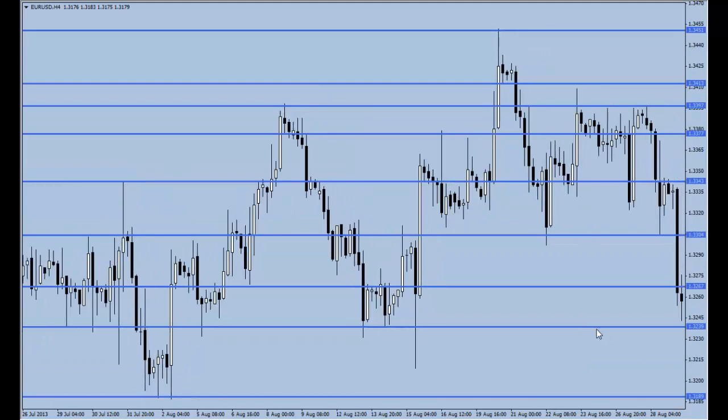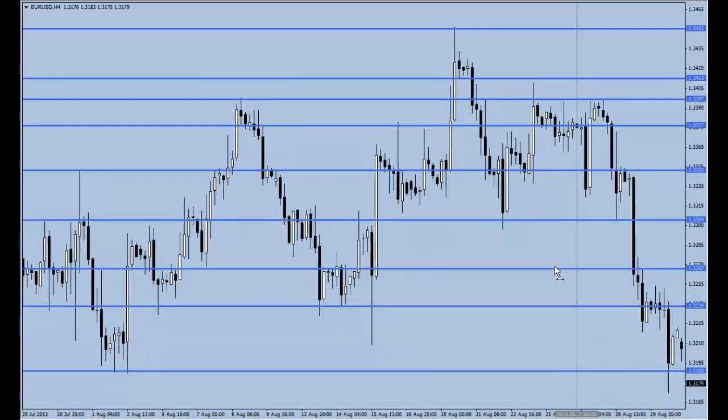Okay, now these levels were based on key reaction levels on the daily time frame before the fact. So in other words, we're going to basically establish a point of which we'll delineate that with a vertical line here. We'll just say beginning here, we were expecting the market to go lower, and we're going to start watching and just going to study how price reacted to these levels going forward.